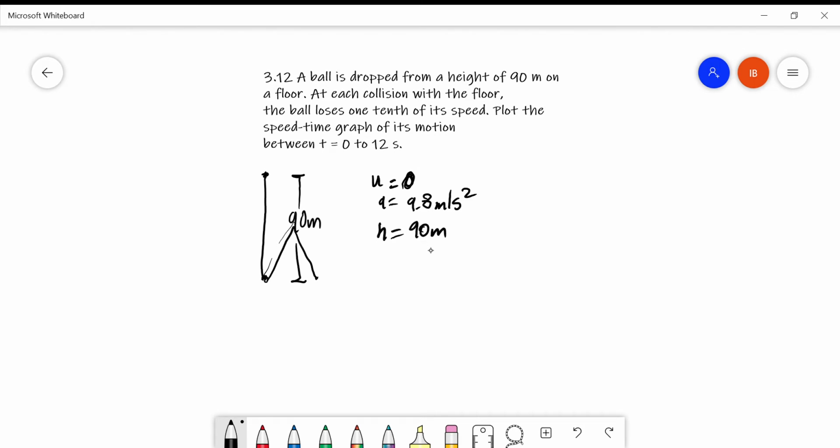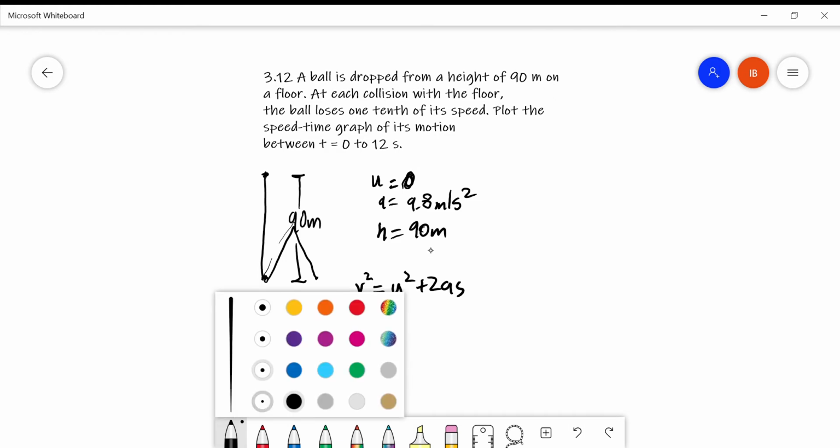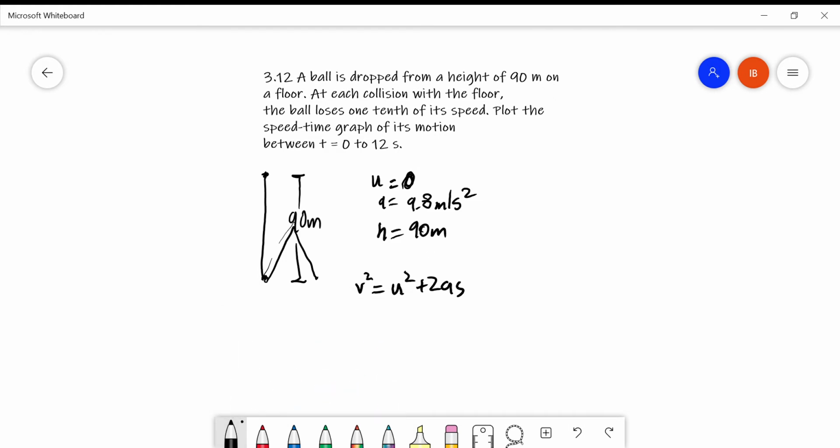Now we can use the equation of motion to find out velocity. So v square is equal to u square plus 2as. So v square is equal to 0 square plus 2 into 9.8 into 90. So v is equal to root of 2 into 9.8 into 90.